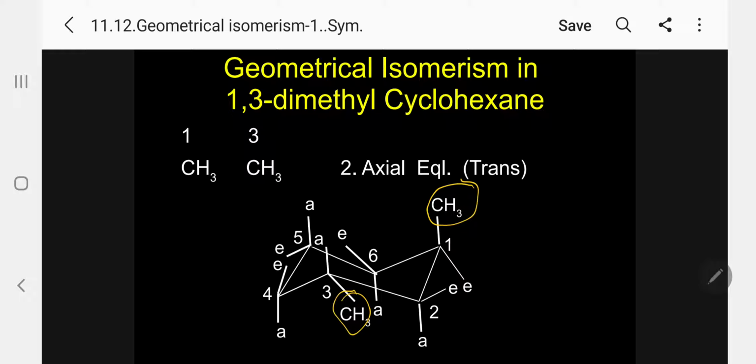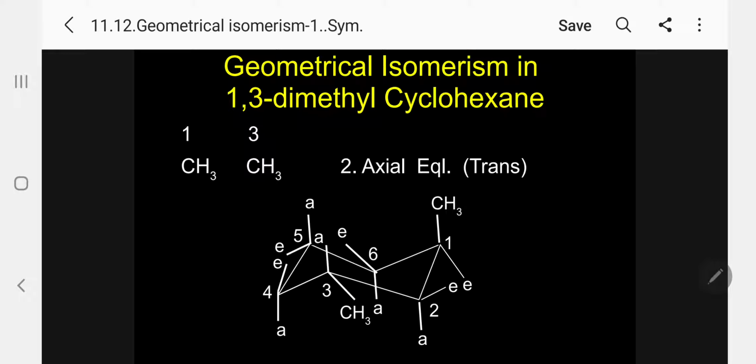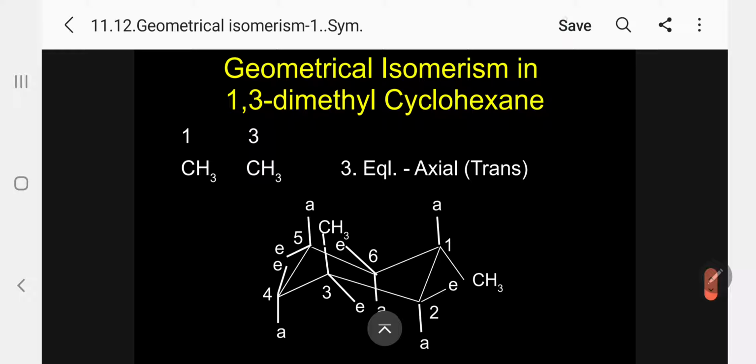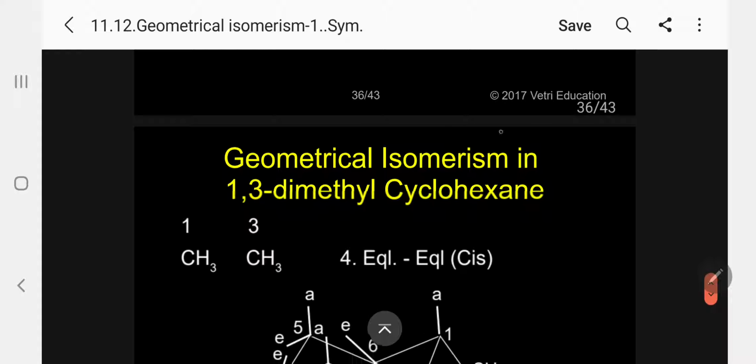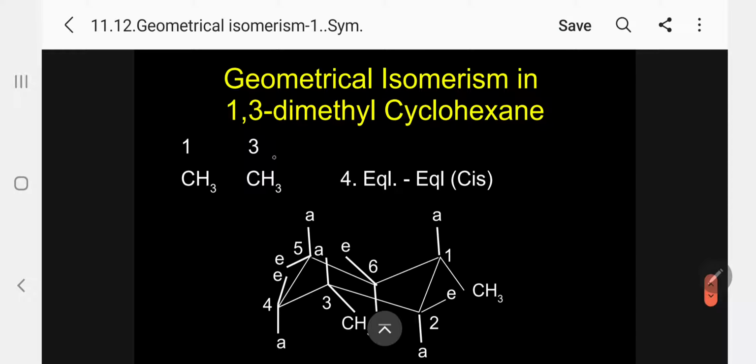Please follow, opposite, trans. But in the case of 1, 2, cis. Opposite. Then third example, 1 is equatorial and 3 is axial. Again opposite, trans. Kindly follow. And the fourth one, 1 equatorial and 3 equatorial. Same side, cis. Kindly follow.